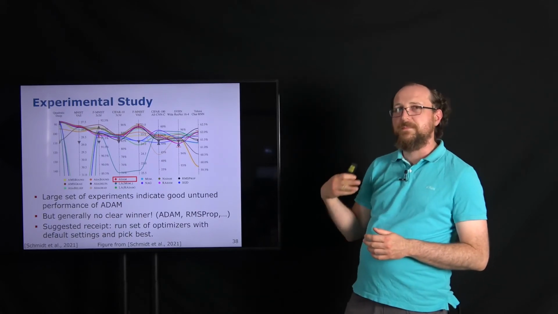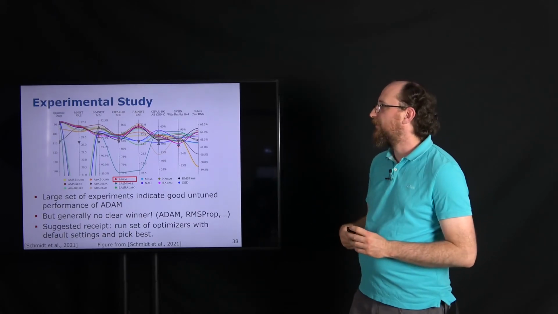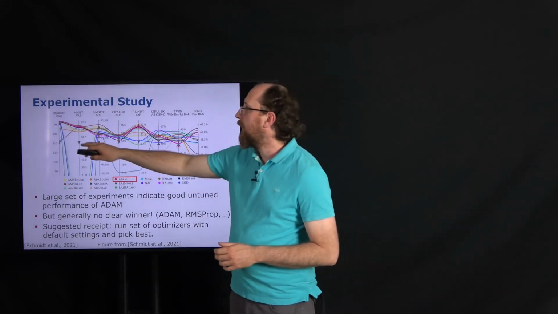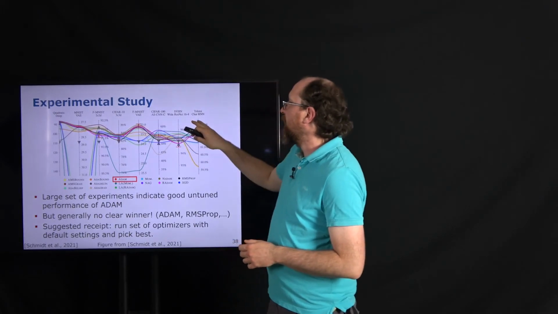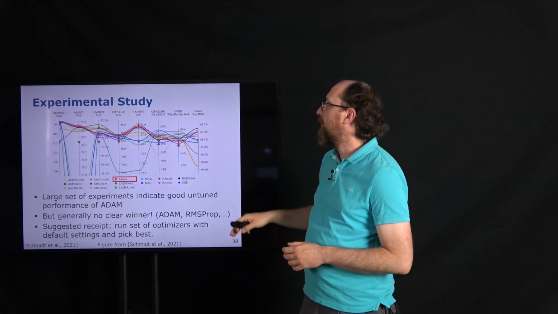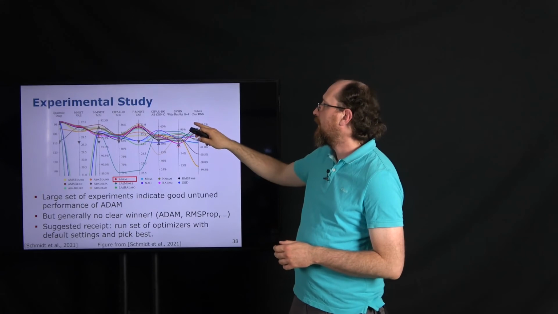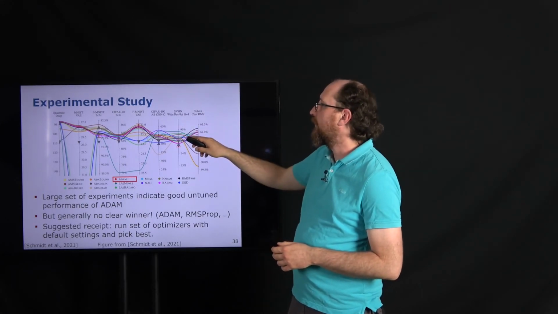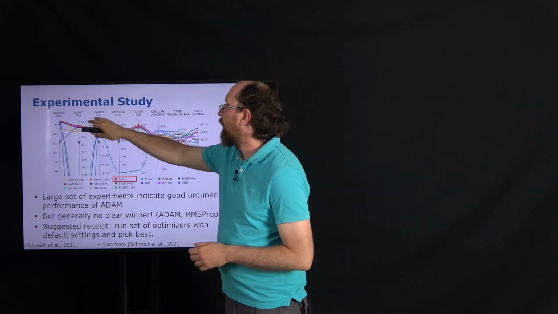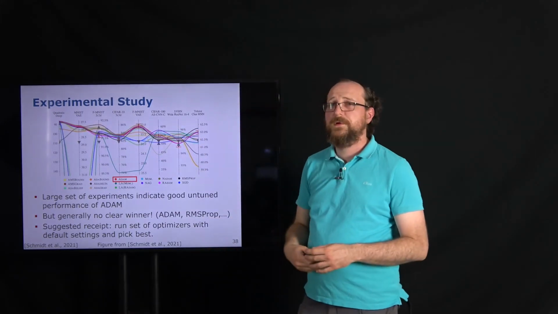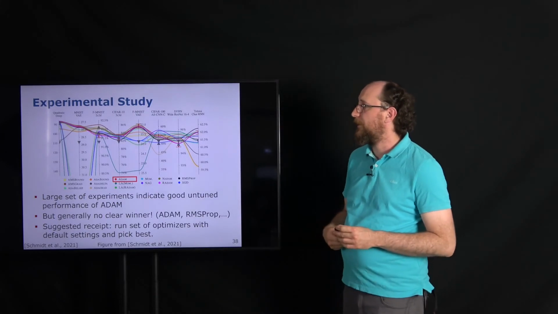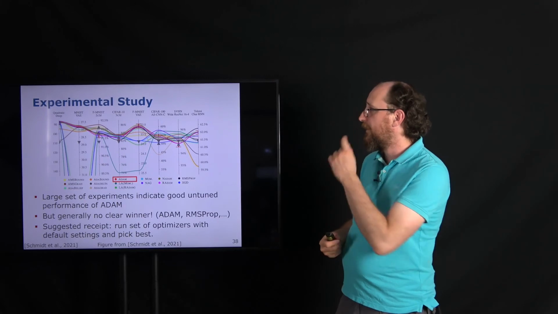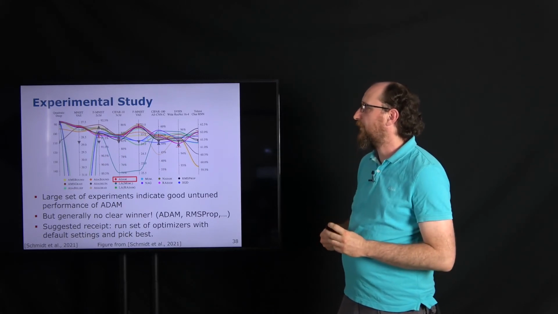Here you see different data sets and different networks that were applied: convolutional neural networks, but also recurrent neural networks, and so on. The researchers really did a lot of experiments, and it might have taken a lot of time to compute all these numbers.